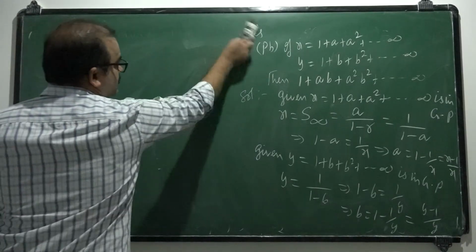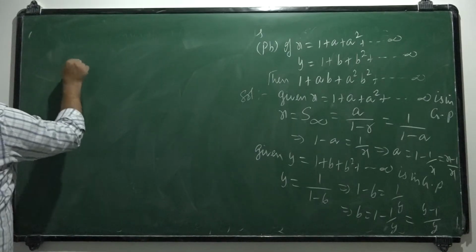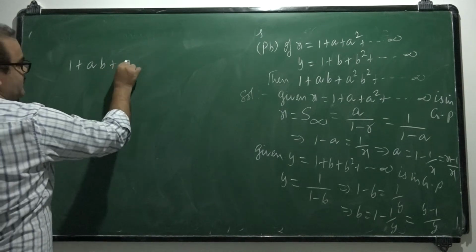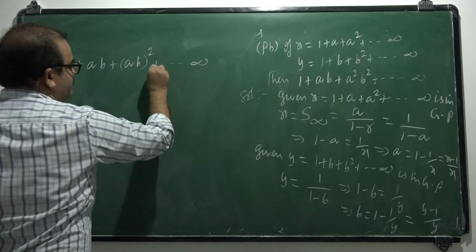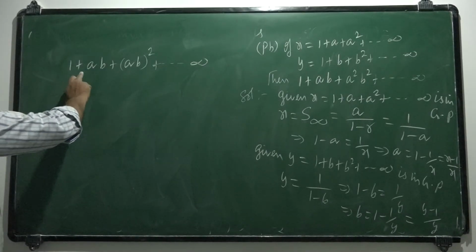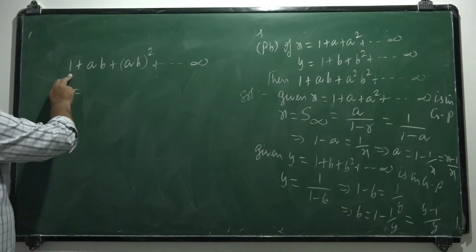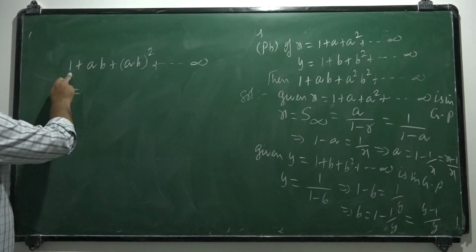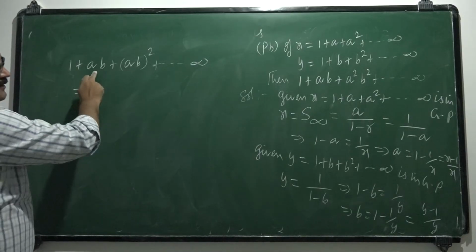Here we find the series value 1 plus ab plus a square b square, that is taken as ab whole square, plus so on infinity. Observe that this is also in geometric progression with first term 1 and common ratio ab whole square by ab, that is also ab.